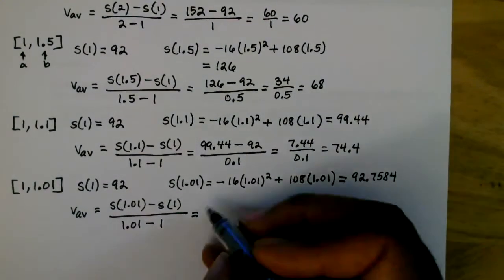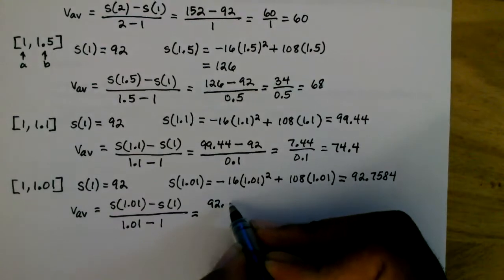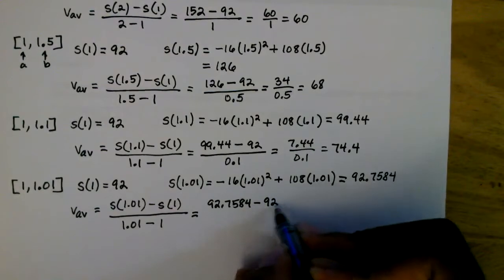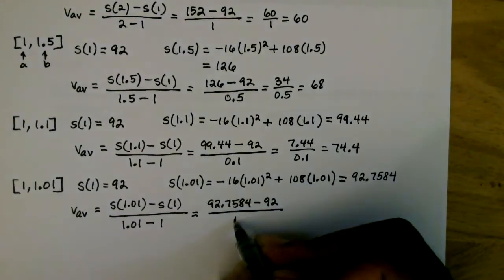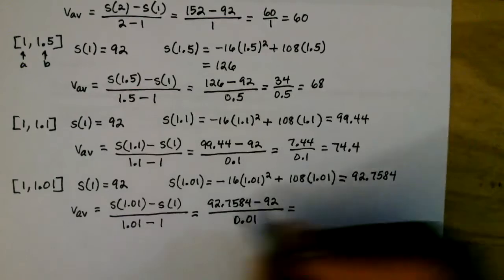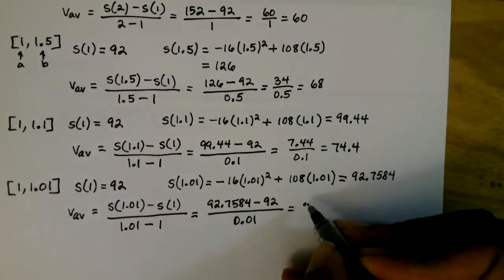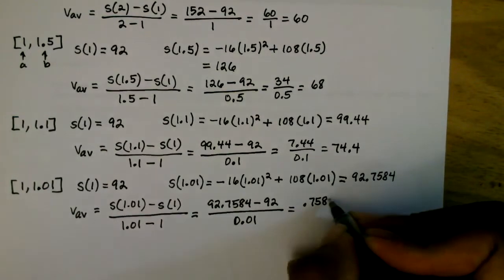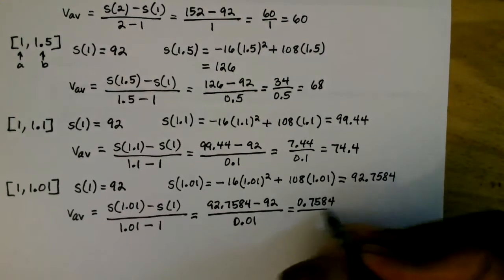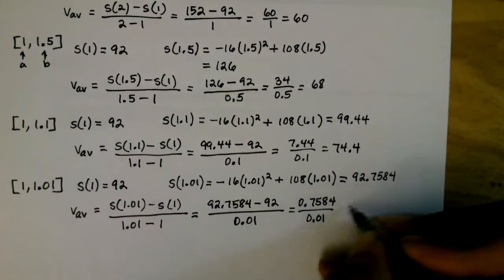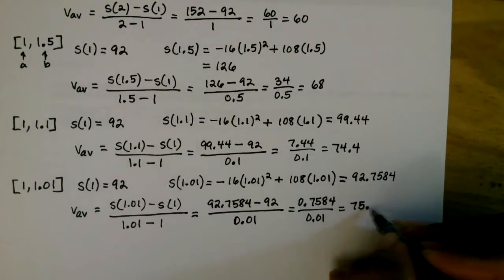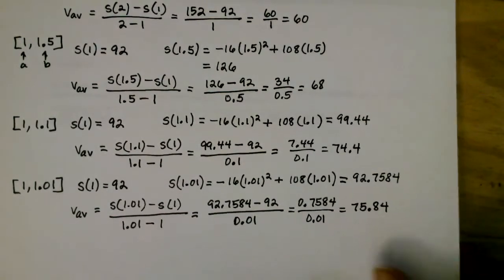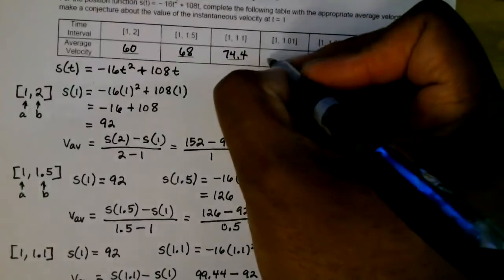So this is 92.7584 minus 92 divided by 0.01. Well, 92.7584 minus 92 will just be 0.7584, divided by 0.01. This ends up to be 75.84. So from 1 to 1.01, that will be 75.84.